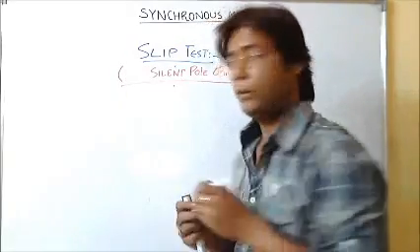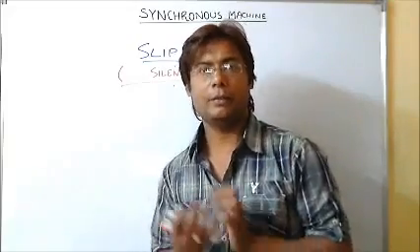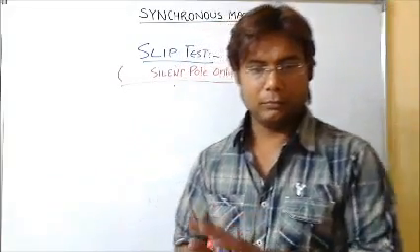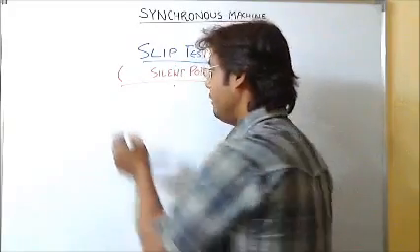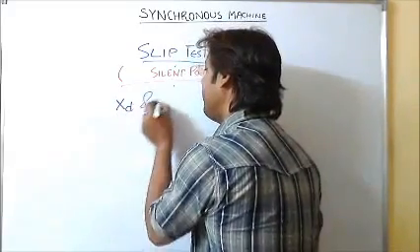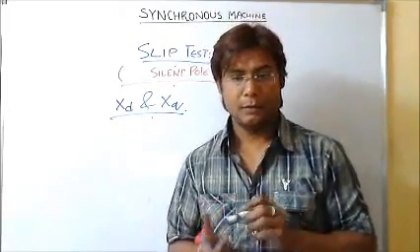So I can write it's not for non-salient pole machine. It means that it's for salient pole machine. So the thing which we will be finding will be the XD and XQ, and this relationship will be given.